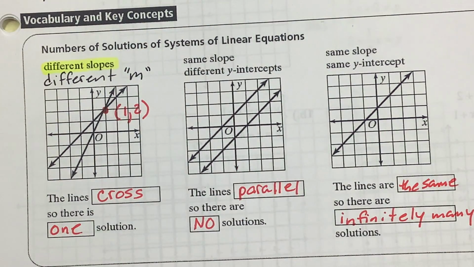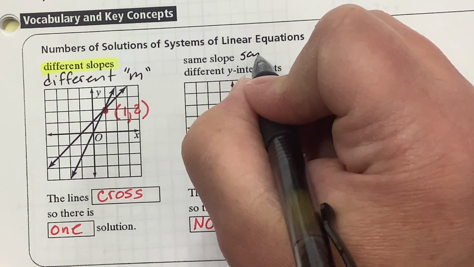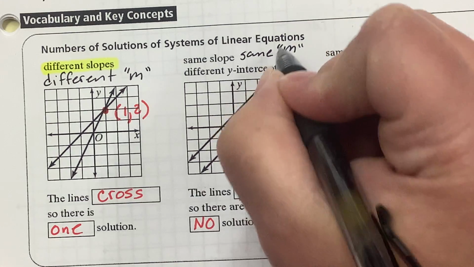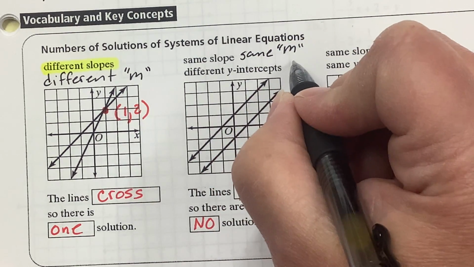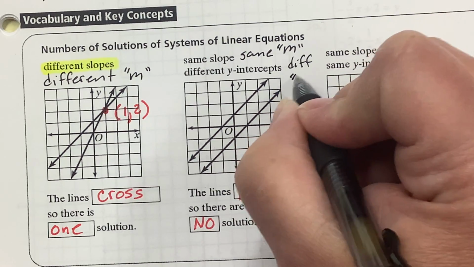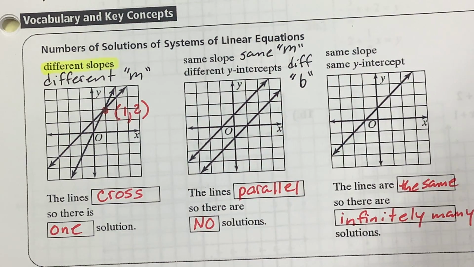So if they have different m's, like y equals 2x and y equals a half x, those are different m's, so those lines will cross, and they'll have one solution. But if you have the same slope, same m, and different y-intercepts, so different b's, then they're going to be parallel.